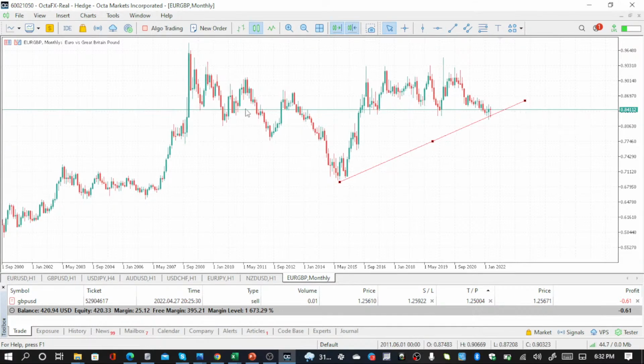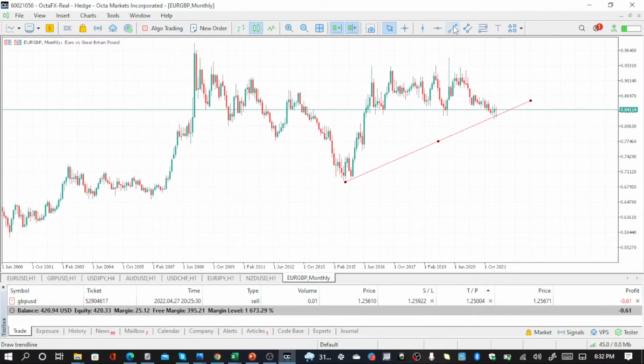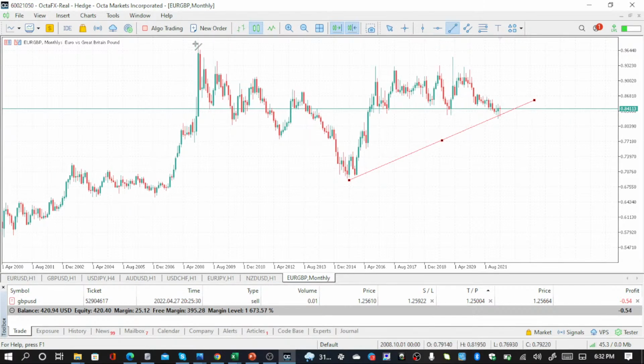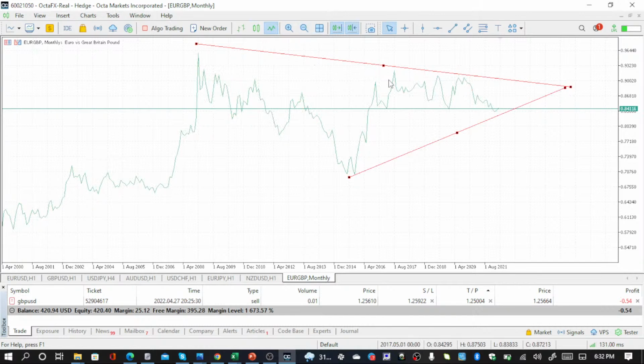However, we can see that the market has been in a kind of symmetric triangle shape. Let me use the line chart so I can easily map out those levels very well.